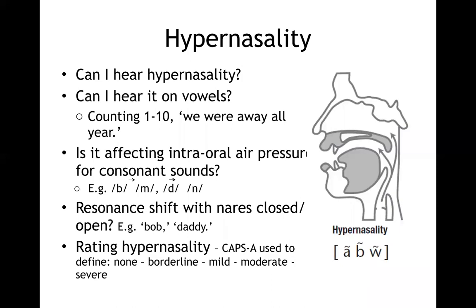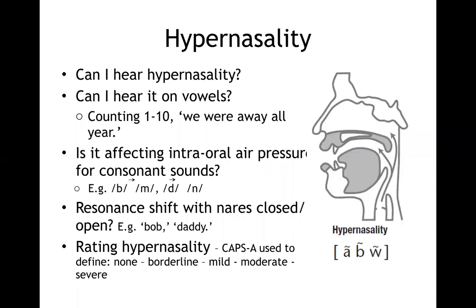They're all oral consonants. So if you ask a child to count from 1 to 10, and whenever they're counting 2, 3, 4, 5, 6, you can really hear that they sound nasal, then you're thinking that they are hypernasal is probably correct, because those sounds 2 to 6 will really let you hear it if it is there.